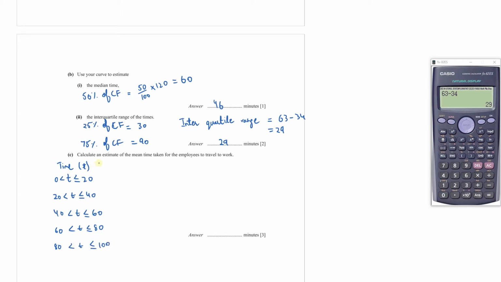And then you will find the midpoint of each class. Let me call this midpoint x. The midpoint of 0 and 20 will be 10. The midpoints here will be 30, 50, 70, and 90.